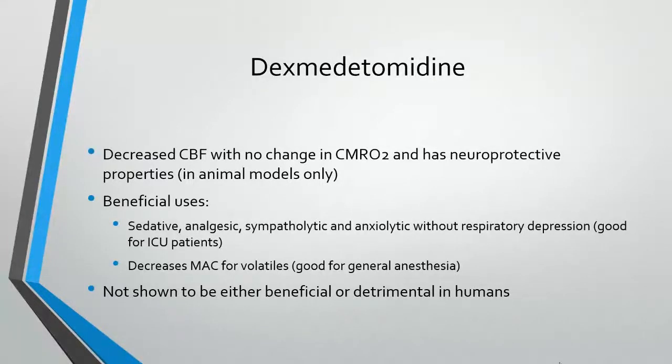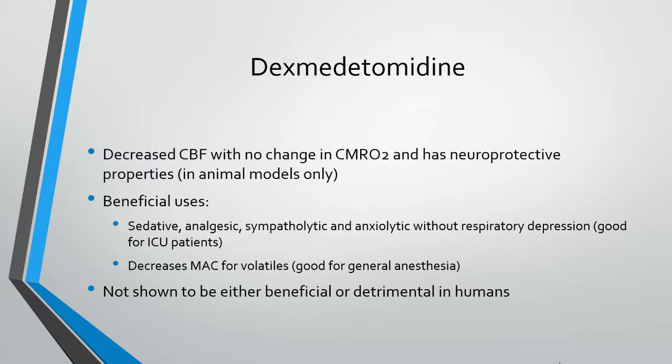Dexmedetomidine, a medication that we don't use that often here, can be quite beneficial in patients with ischemic brain injuries, as it doesn't really change the metabolic rate of oxygen, but it does decrease the cerebral blood flow into the brain.